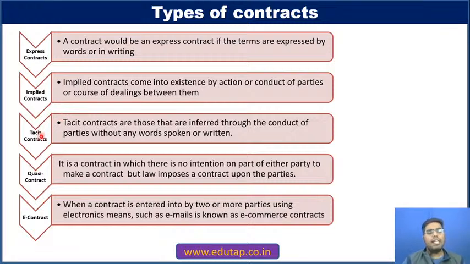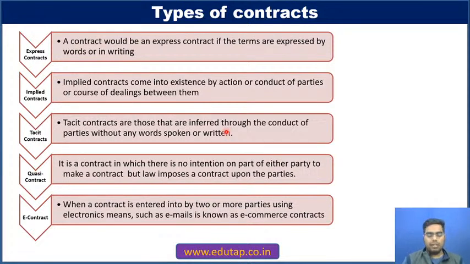Next is tacit contract. A tacit contract is a type of implied contract only. It is a subtype of implied contract. Tacit contracts are those that are inferred through the conduct of parties without any words spoken or written. Very important. Have you ever been to a five-star hotel or a nightclub? There you might have seen valet parking.